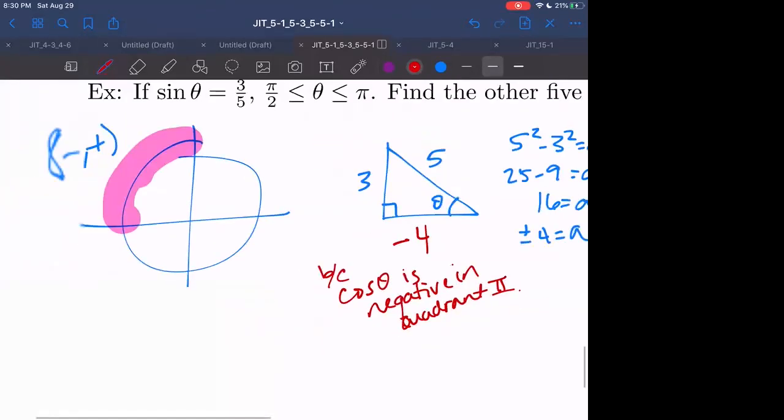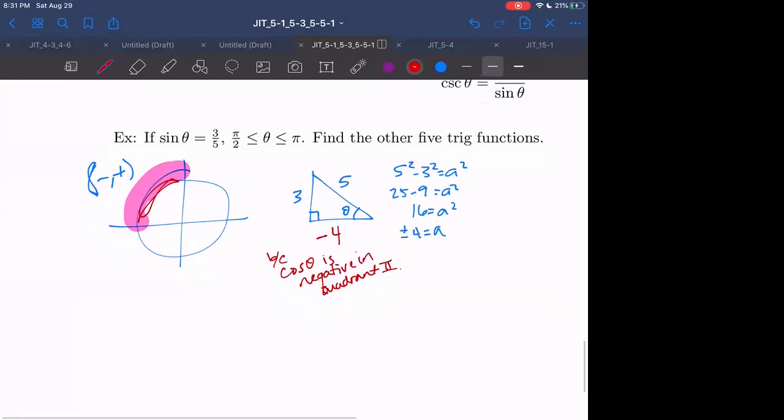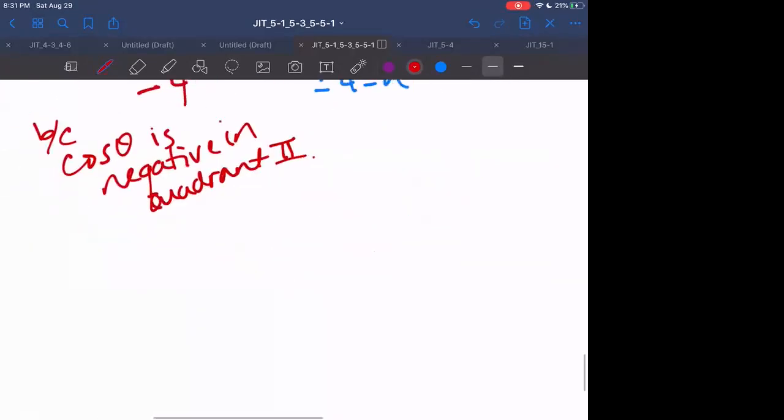Okay, that's where it's important to pay attention to those signs, because if we didn't make that negative, then it would make the rest of the answers that use that number wrong. All right, so now we use our relations and find the rest of our other trig functions.